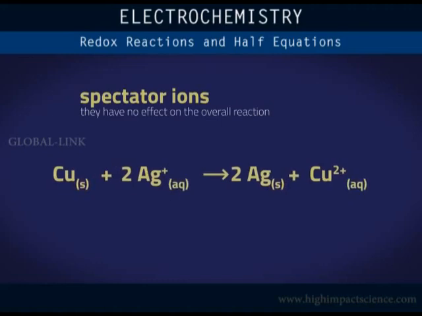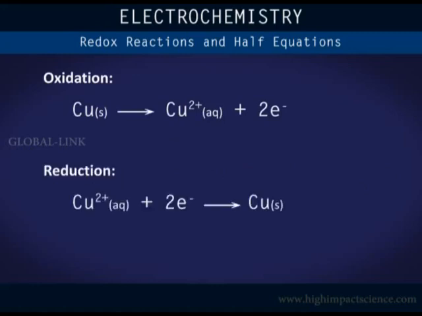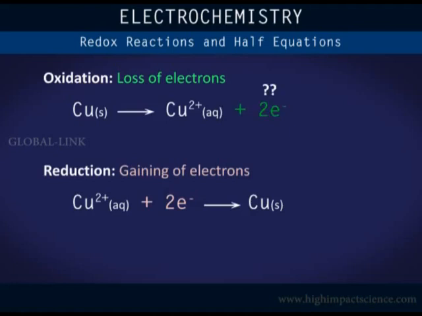One big challenge most students encounter is understanding the oxidation half equation. For the reduction equation, it's pretty straightforward that the species gains electrons, and so we have +2 electrons. But in oxidation, we said the species lose electrons, and yet we have +2 electrons on this side of the equation. Why is that? Let's put it this way.